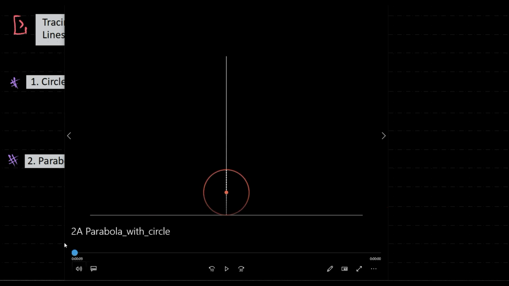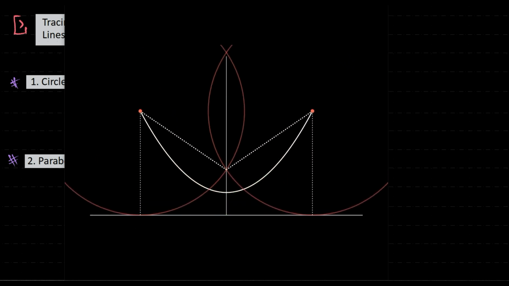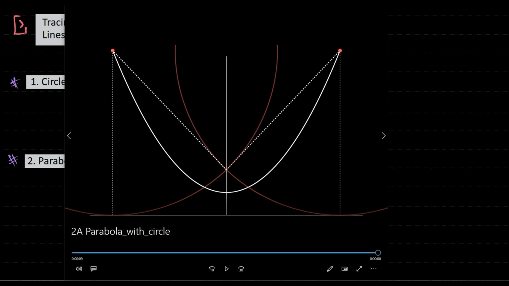I'll play it again. So this red dot and going across to this red dot is your parabola.